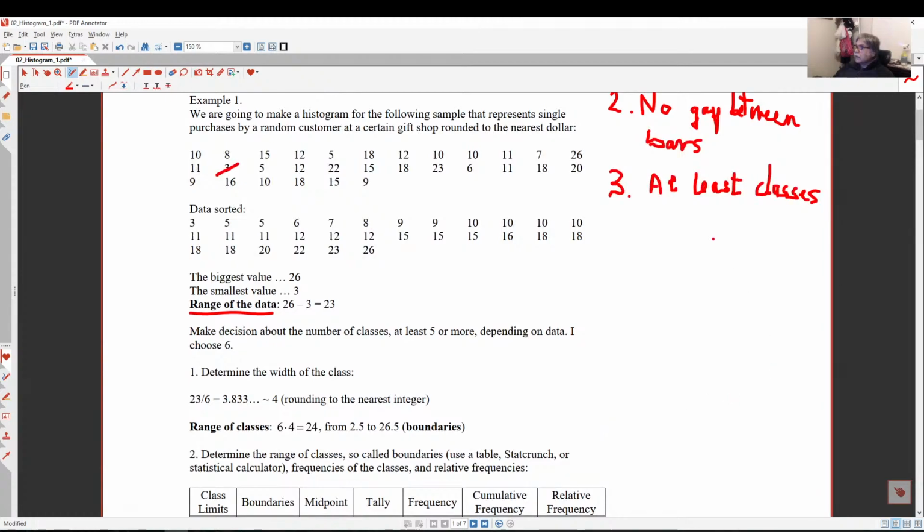Now I have to decide the width of a single class, and they all have to have the same width.